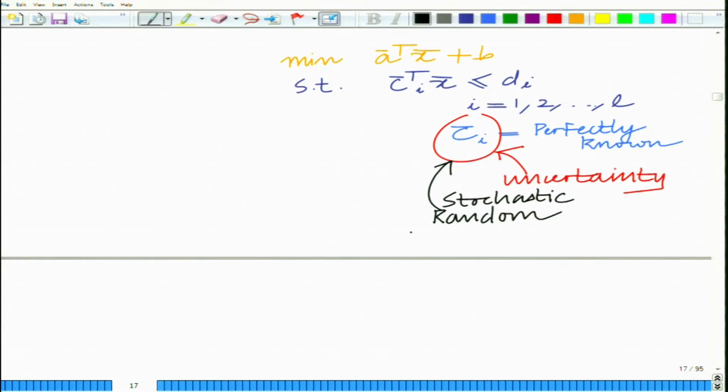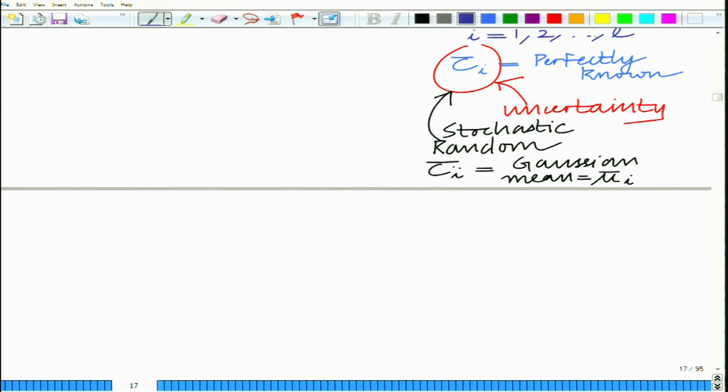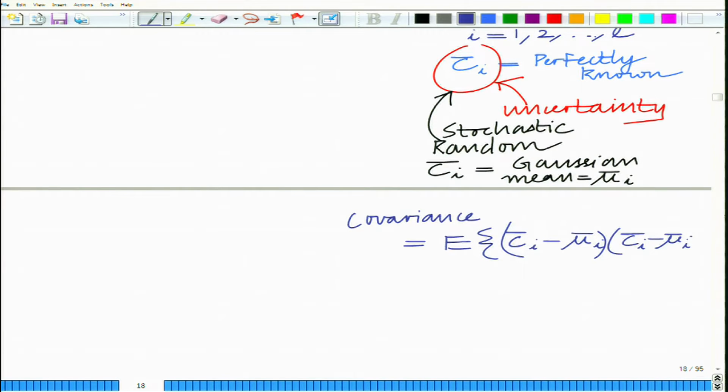In particular, you can assume that these c bar i's are Gaussian random vectors with their nominal value, which is their mean, equal to mu bar i, and the covariance, that is the expectation of c bar i minus mu bar i times c bar i minus mu bar i transpose, is equal to R i. This is the covariance matrix.